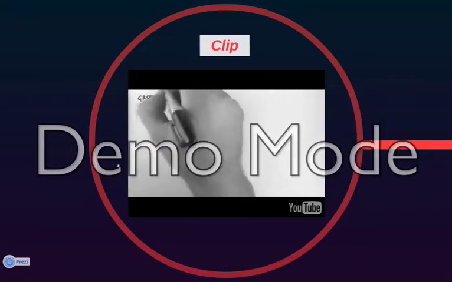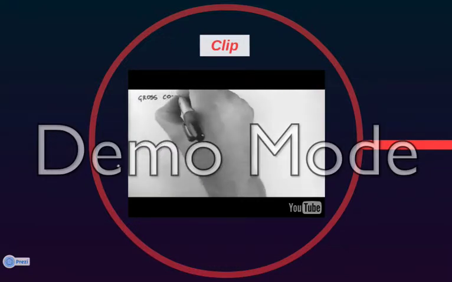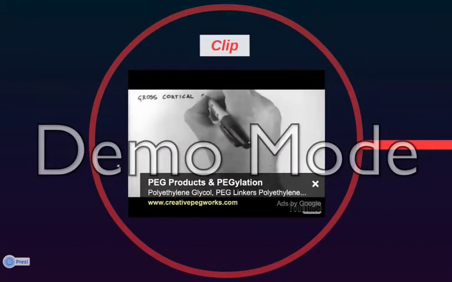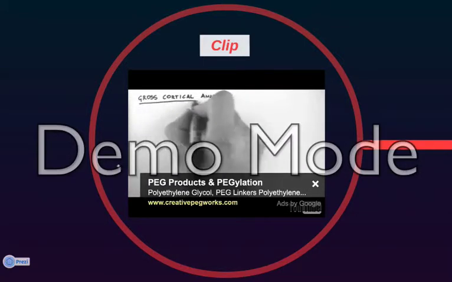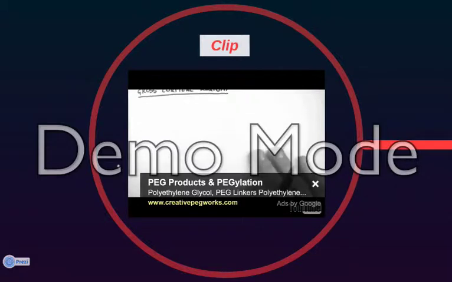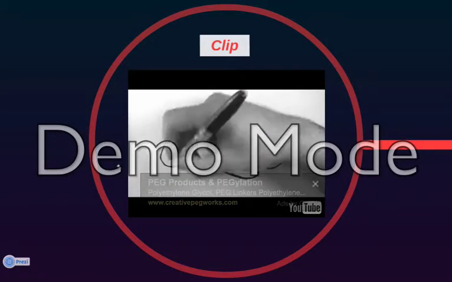Hi, in this video I'm going to talk about the gross cortical anatomy of the medial surface of a hemisphere of the brain. So this is looking at half a brain when you cut straight through the center of it long ways. So I'll just draw the brain up here.